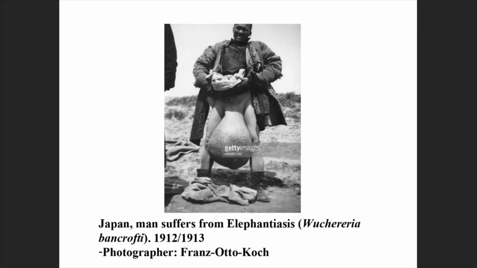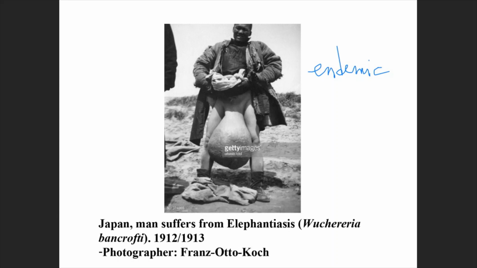This picture was taken from a man in a country where this is endemic. The word endemic means you can find a lot of that disease in that country. This condition is known as elephantiasis, and it's caused by a parasite, Wuchereria bancrofti, which is endemic, for example, in certain African countries.